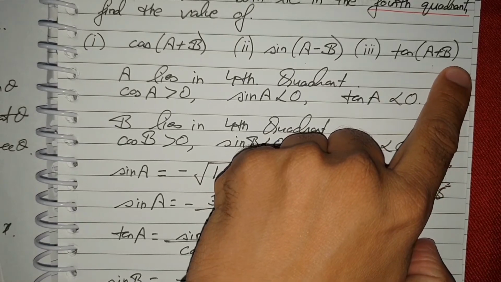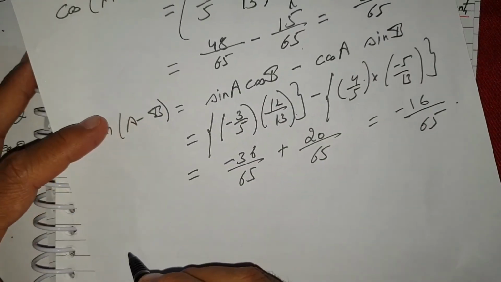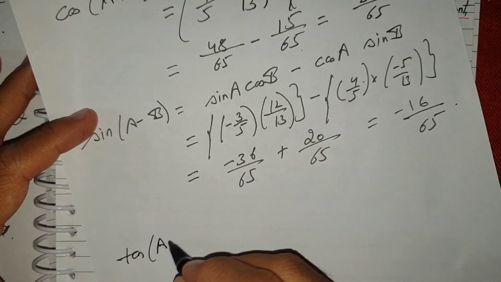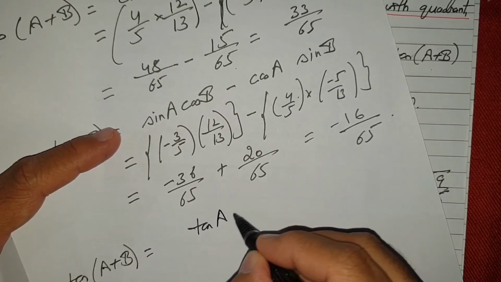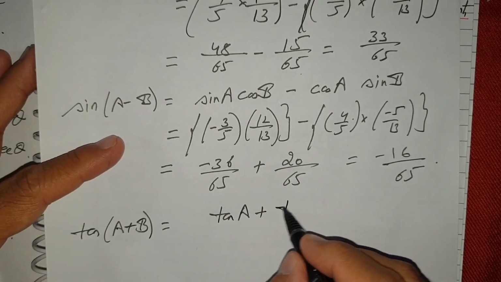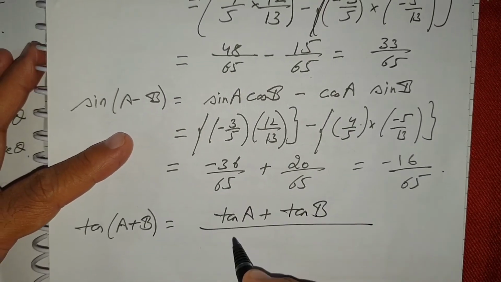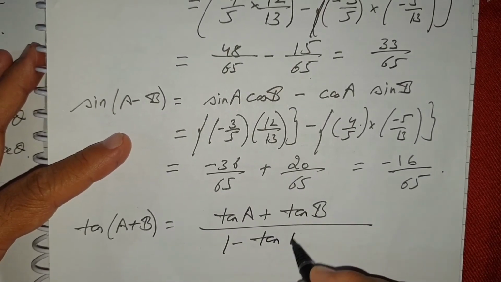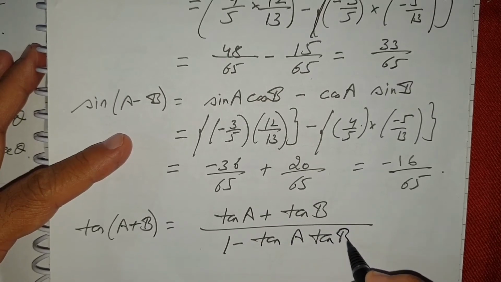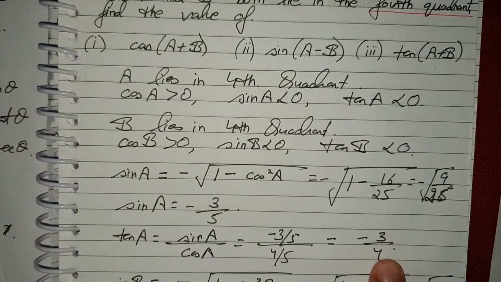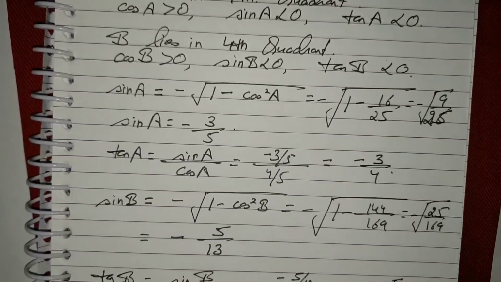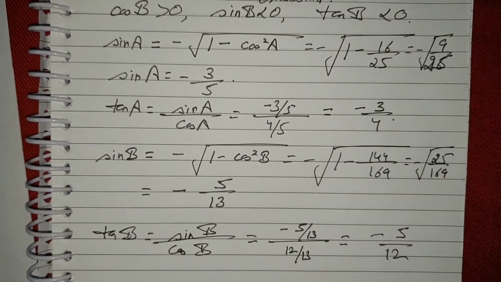(A+B). Tan(A+B), applying the formula: tan(A+B) is tan A plus tan B upon 1 minus tan A tan B. Substituting the values. What is tan A? Tan A is minus 3 by 4. Tan B is minus 5 by 12.